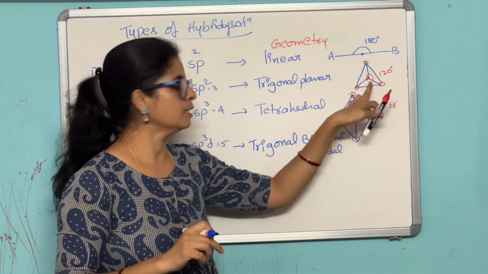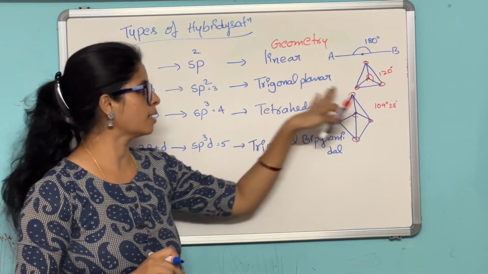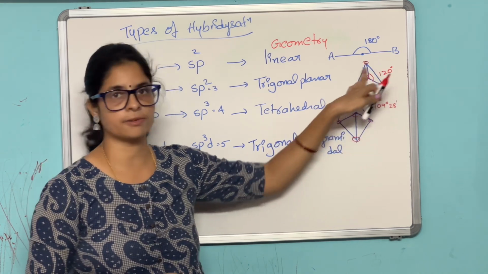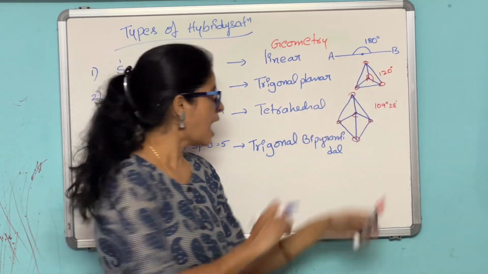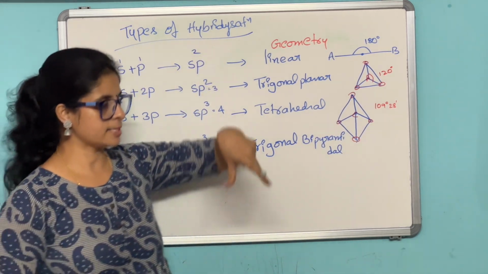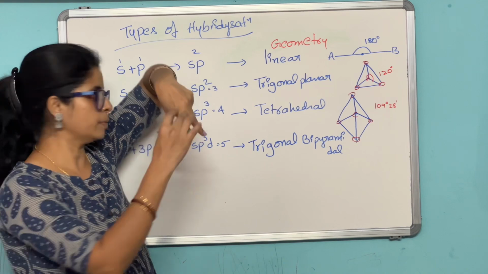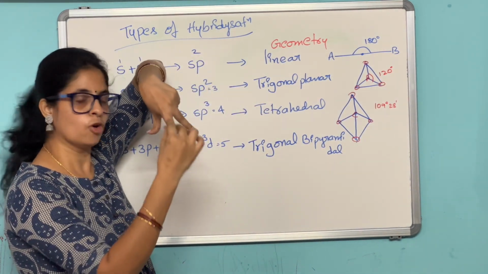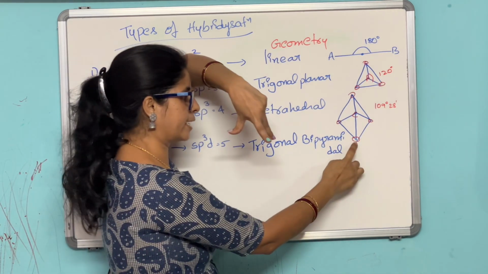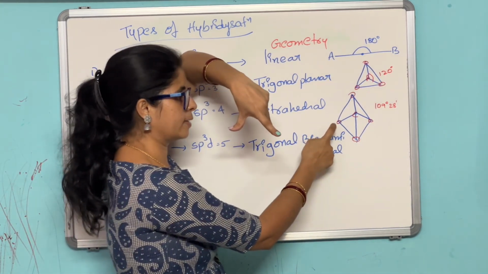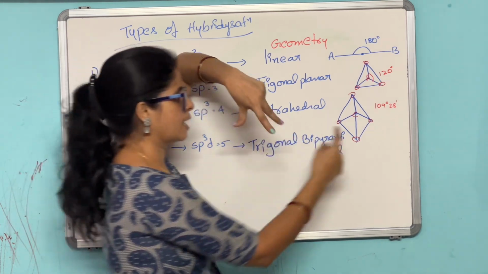You know what trigonal planar is: a central atom, and around the 3 corners of the triangle there will be 3 atoms. Tetrahedral geometry means, if you assume this is my forefinger, this is one atom, my thumb is another atom, and here is another atom.